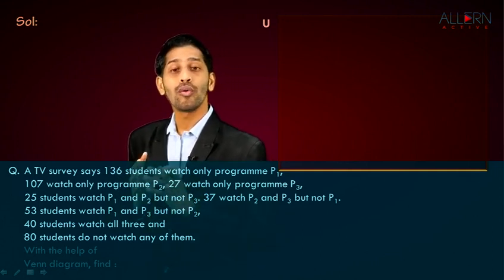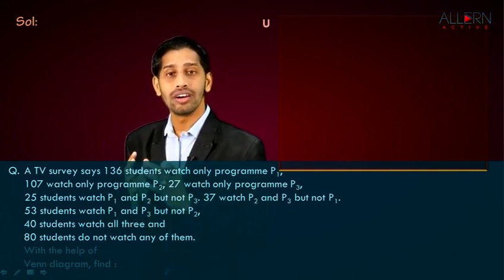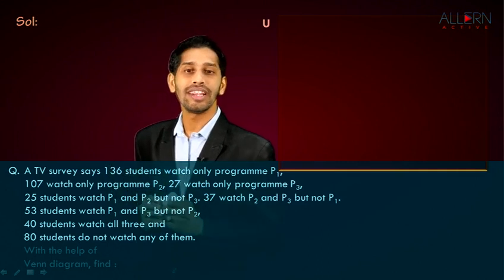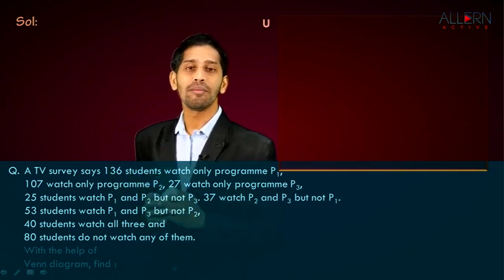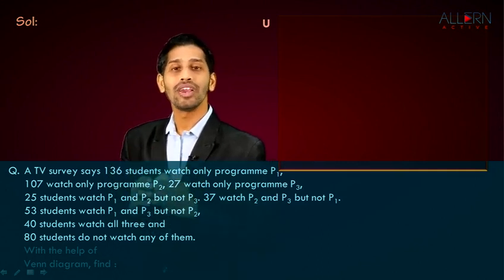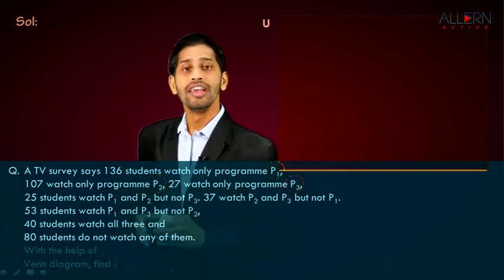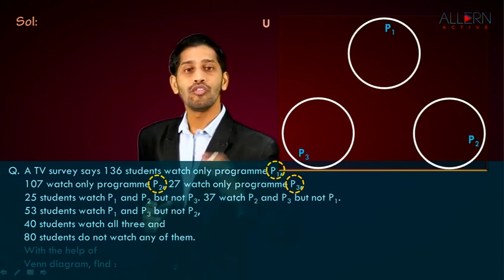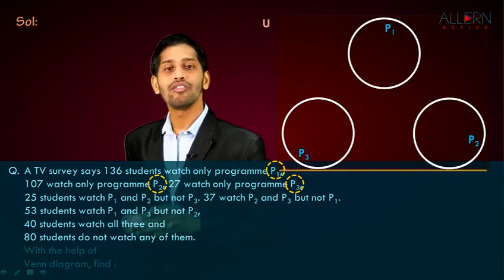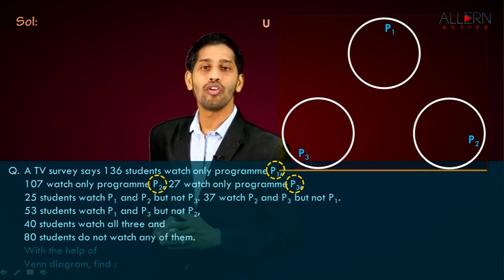That means we are going to draw three circles, first circle for P1, second circle for P2 and third circle for P3.